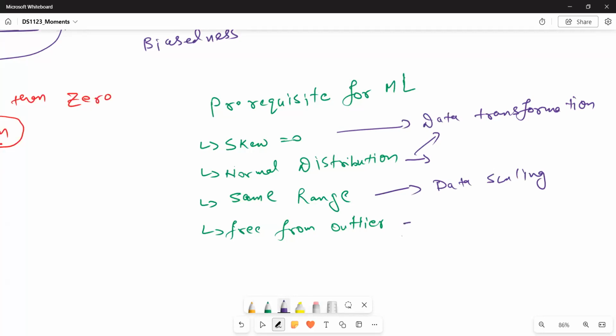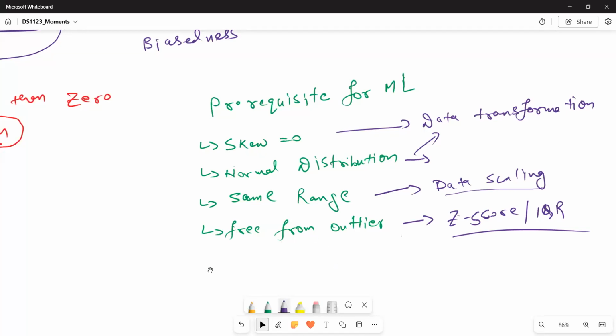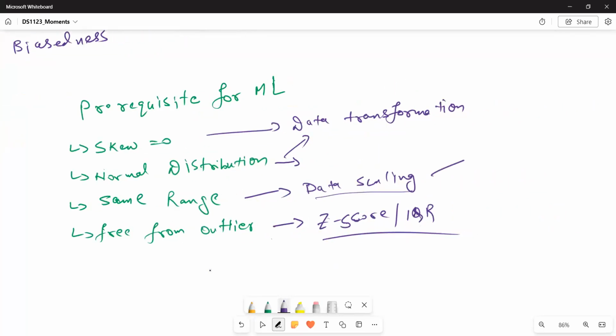To make it free from outliers, we use either the z-score or the IQR proximity rule. You'll learn about these two methods in machine learning. Data scaling, as I've given you the overview, has two types that we have discussed: standardization and normalization.